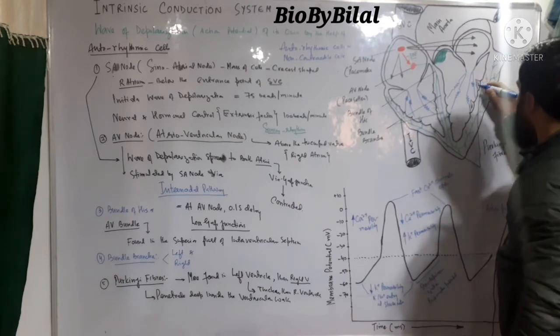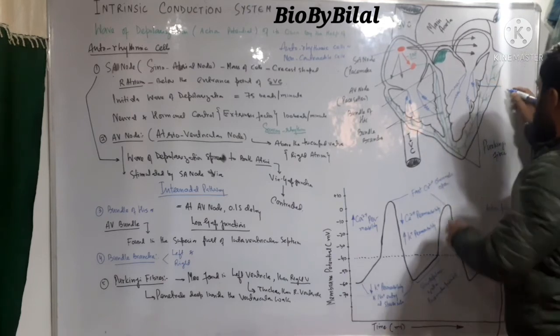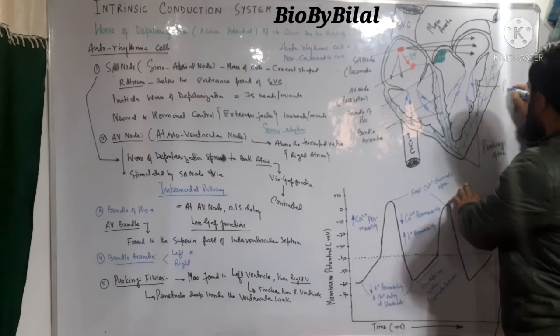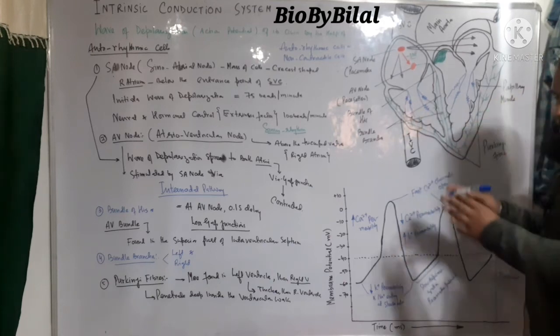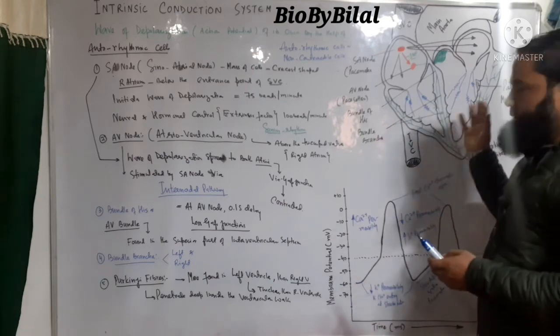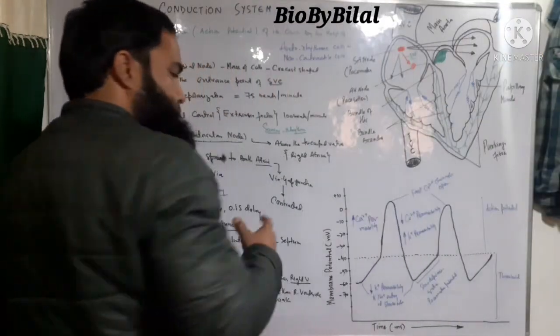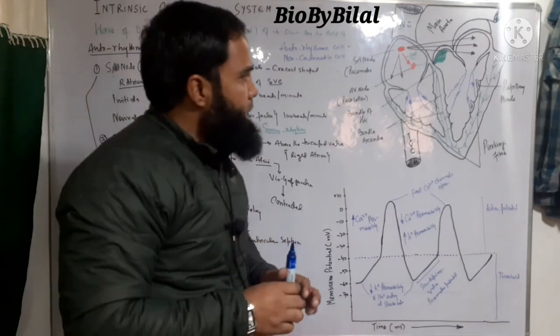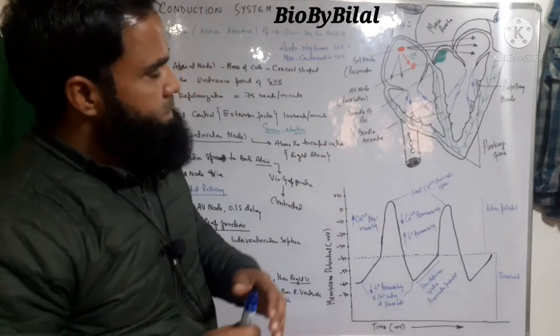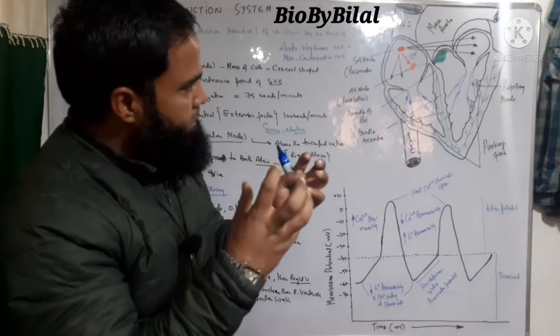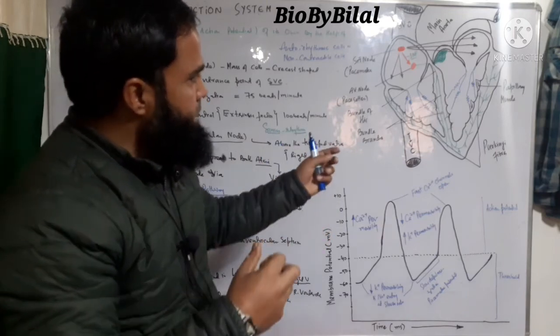What are they? Papillary muscle cells. These papillary muscle cells are innervated with the help of the Purkinje fibers. They have more gap junctions. Through the gap junctions there is a flow of ions, and the information goes toward the papillary muscles, and the papillary muscles in turn tighten the chordae tendineae.